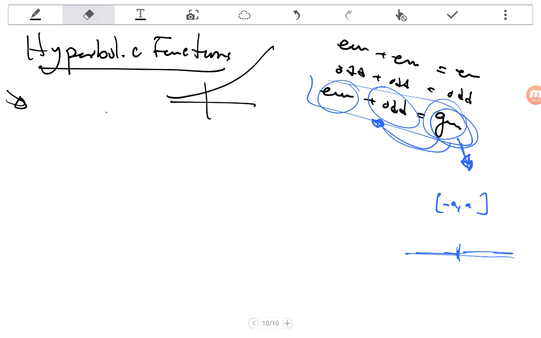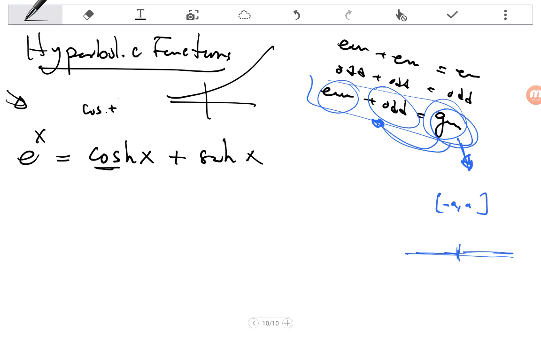The two components are exactly what are called the hyperbolic functions. We'll say that e power x is cosh x plus sinh x. What are sinh and cosh? This is cosine, but plus the word hyperbolic. We just take the h and put it with the cosine, so it is called cosh.